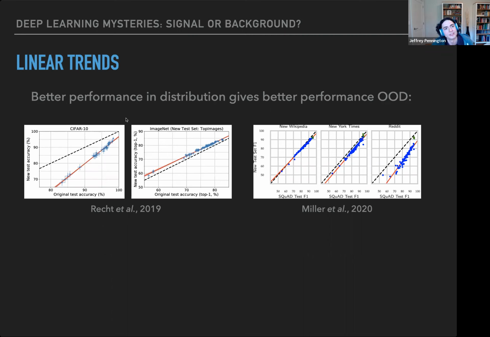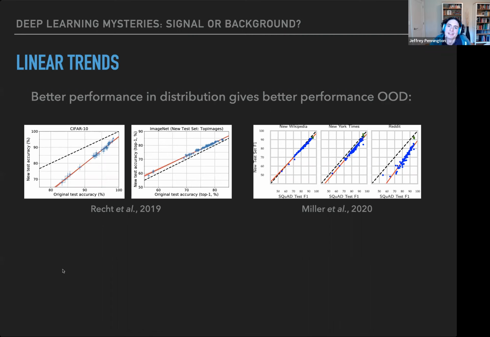And then on the y-axis is some perturbed distribution. Maybe it's those original images, but at a different time of day, or through some kind of blur, or with occlusions, or some white noise laid on top, or some other shift to the distribution. So you have a new test distribution. And this type of distribution shift is, of course, important if we would like to deploy models that are robust in the real world. So that's the motivation for these things.